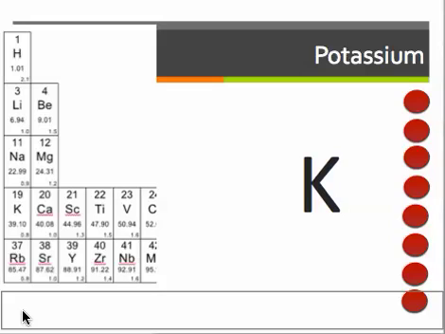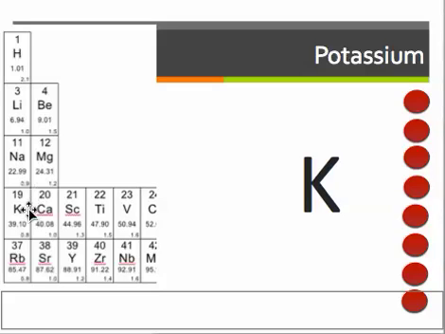Determining the Lewis dot configuration of potassium is more complicated, and we actually need to first consider the position of potassium on the periodic table. Potassium is in the 4th row, it's right here, and so that does mean that it has electrons in its 4th shell. The row number always correlates to the shell number.